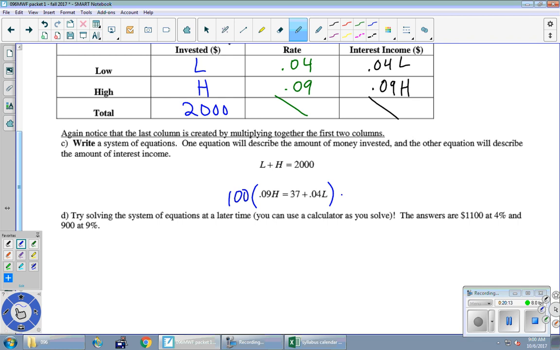And so this equation becomes 9H equals 3,700. Don't just leave that as 37. Everybody times 100, plus 4L. No more decimal points. Maybe that's a little bit more friendly to work with. Any questions on that example?